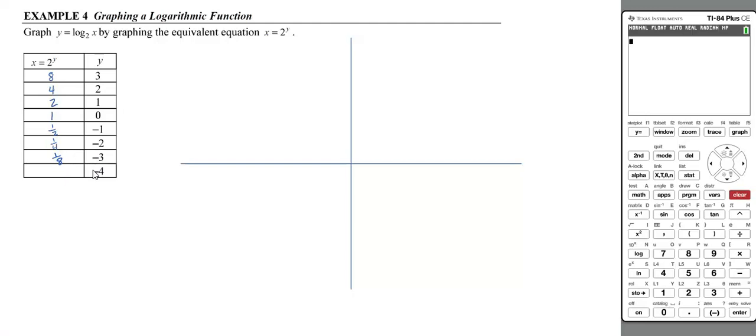And 2 to the -4 is 1/2 to the 4th, which is 1/16.